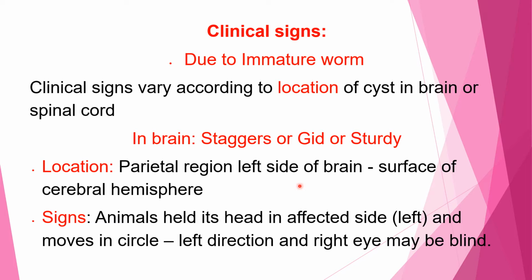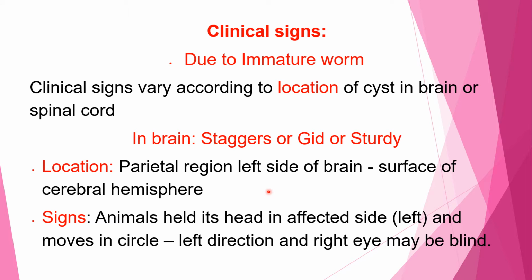With the cyst on the left side of the brain, the head is held on the left side, the same side, and the animal moves in a circle in the left direction, but the right eye may be blind, the opposite eye.